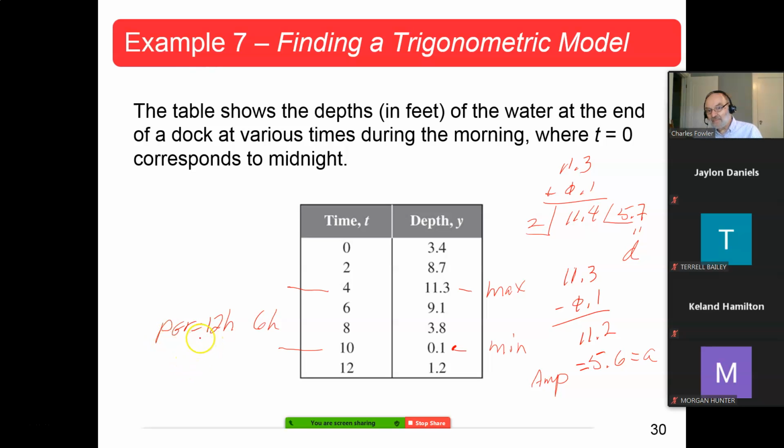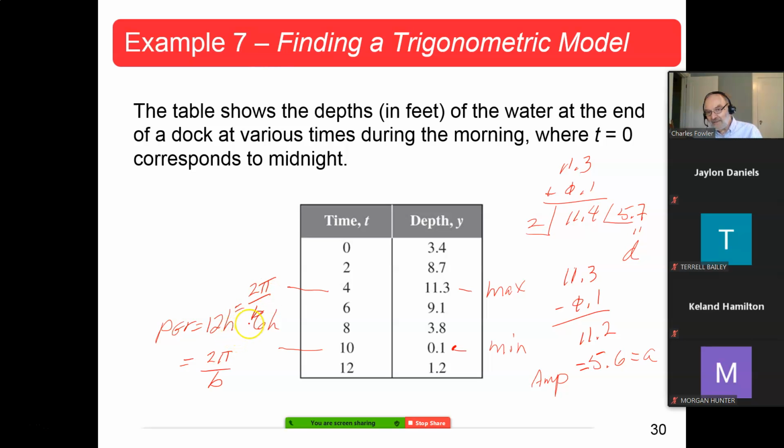And what was our period? Period is 2 pi over b. So 12 is equal to 2 pi over b.